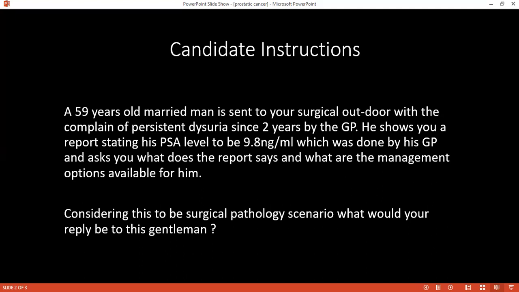How would you reassure that the radical prostatectomy that you have done has been successful? Okay, I will check the level of PSA. It will be down after the operation. How long? 4 to 6 weeks after the operation. Good.